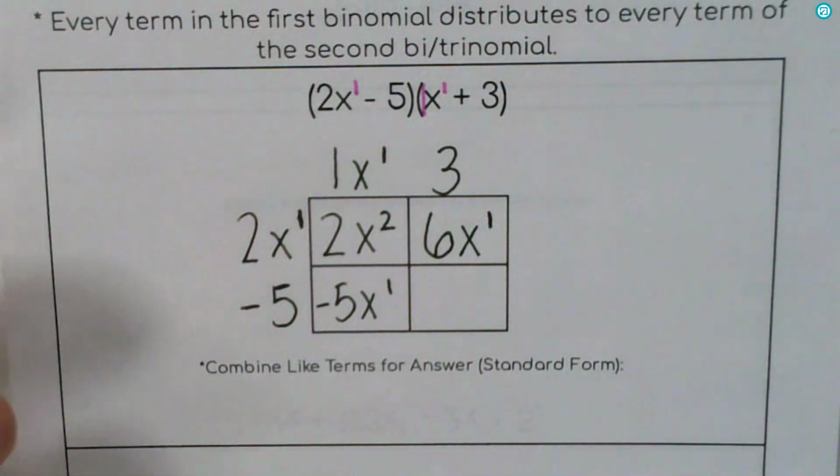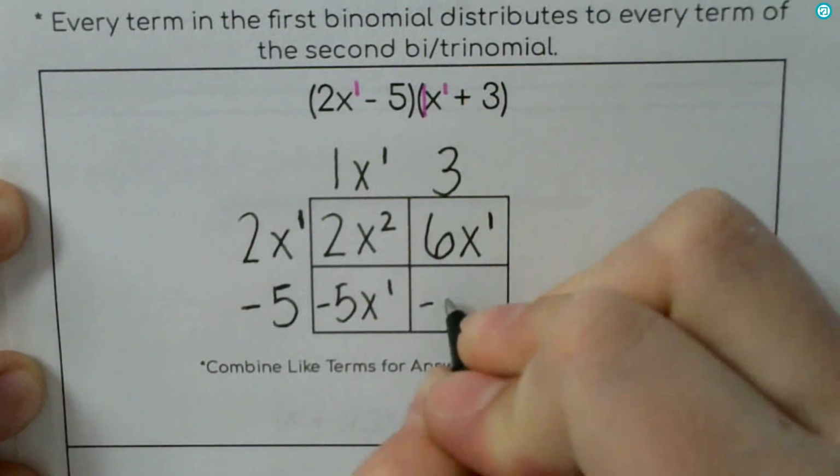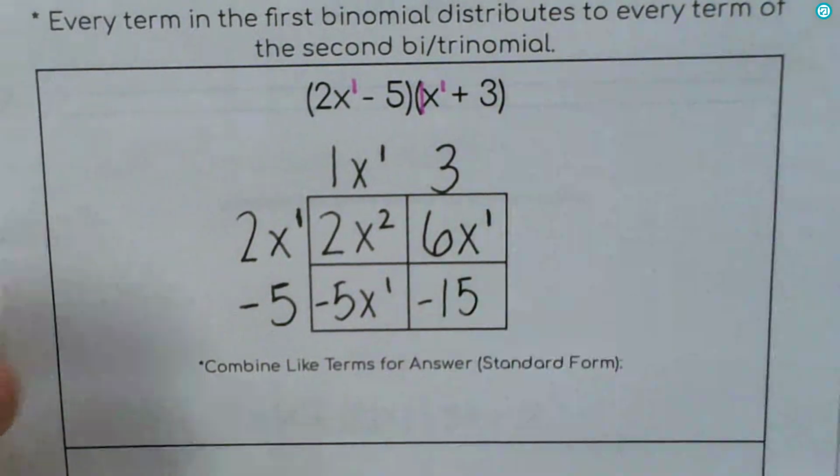And then bottom right hand, negative 5 times 3 is negative 15. Okay. Any questions about setting up the box or getting the boxes filled in?